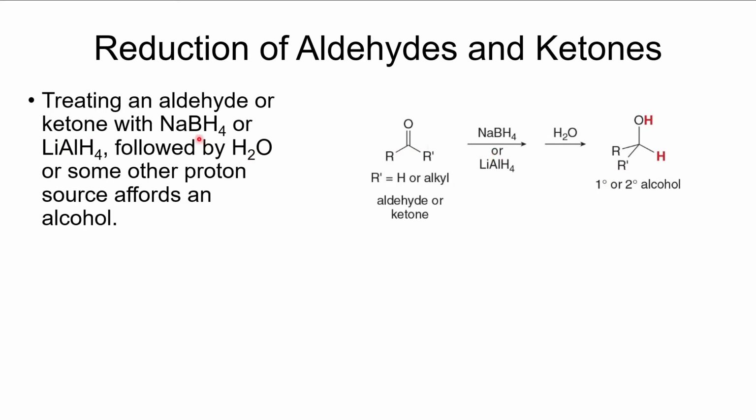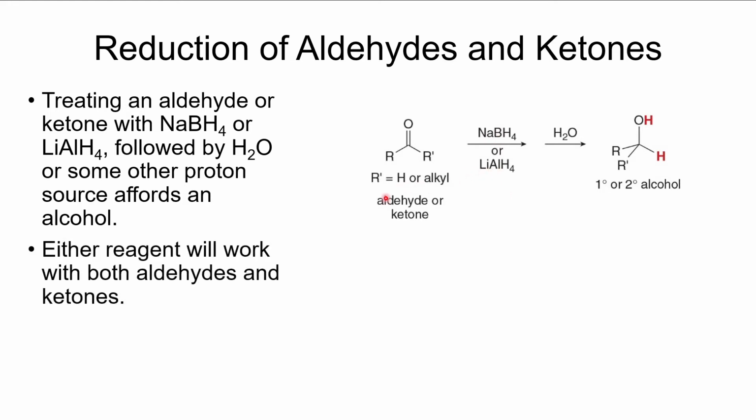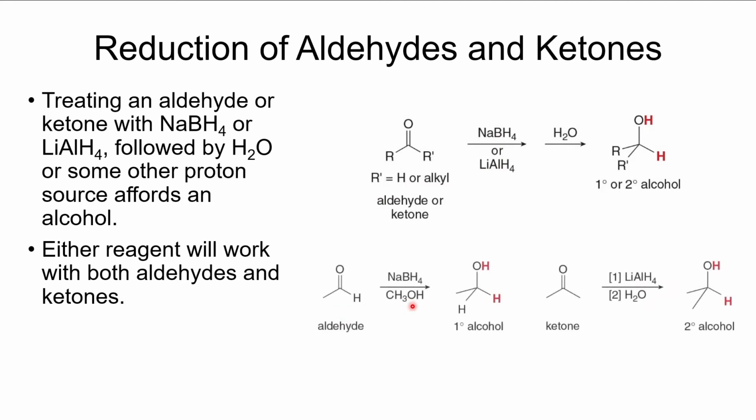However, sodium borohydride is usually a better choice for aldehydes and ketones because it is a less reactive reagent. It's easier to work with. The safety procedures for working with it are less rigorous. So I prefer using sodium borohydride unless I really need the lithium aluminum hydride. Either will work with aldehydes or ketones.